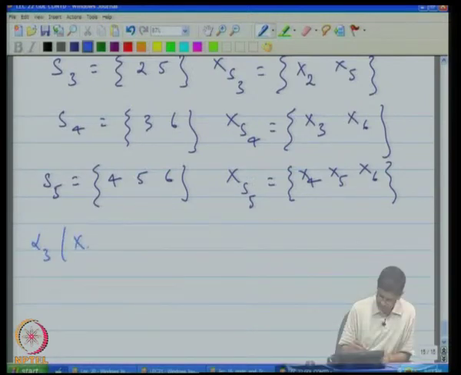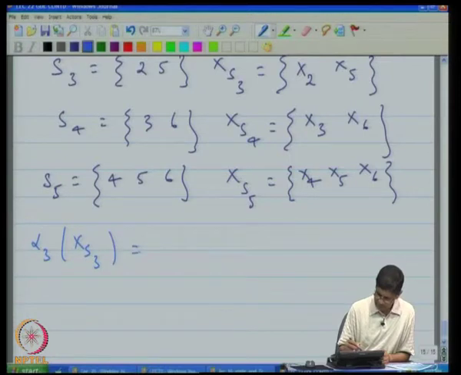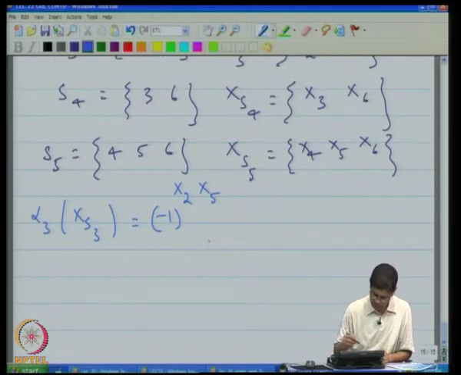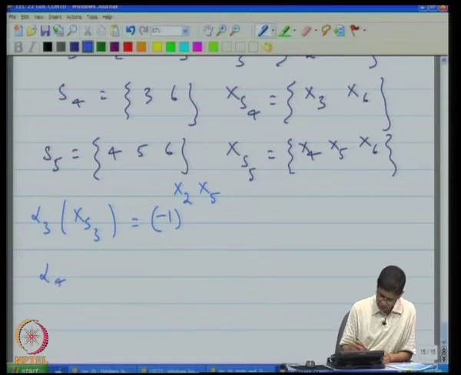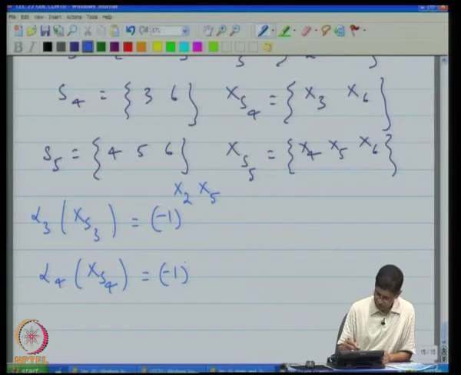Alpha 3 of x s 3 is minus 1 to the x 2 x 5, alpha 4 of x s 4 is minus 1 to the x 3 x 6.